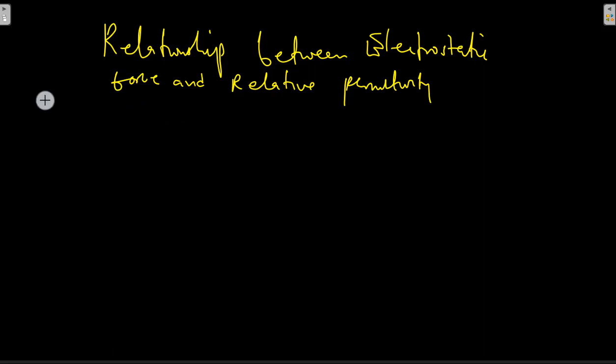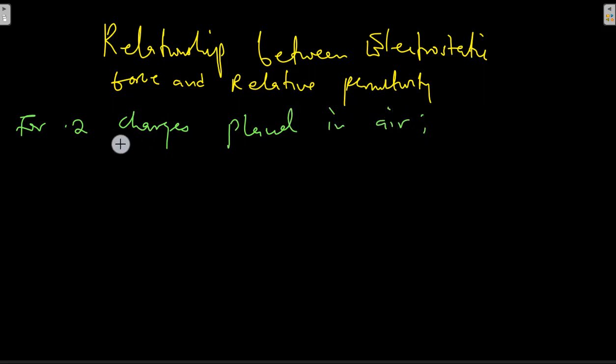So we have already discussed that for charges placed in air, if we have two charges placed in air, then the force between those charges will be 1 over 4 pi epsilon naught Q1 Q2 over r squared.